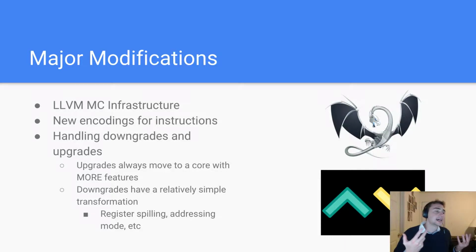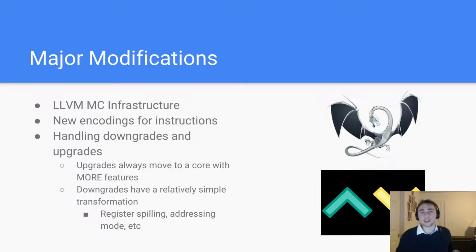Does it have 16 registers? Does it have 32 registers? Well, if you downgrade from something that has, say, 32 registers to 16 registers, it's a pretty simple fix. Now it's going to hurt performance, but you can always spill registers out to memory and then load them back in. So that's not too complicated.